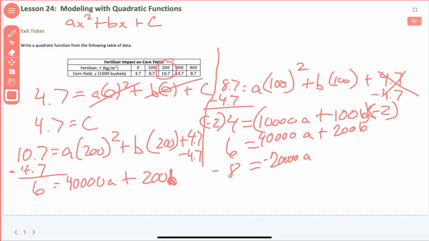Now it's -8 equals -20,000 A minus 200B. Now we can get rid of the B terms.